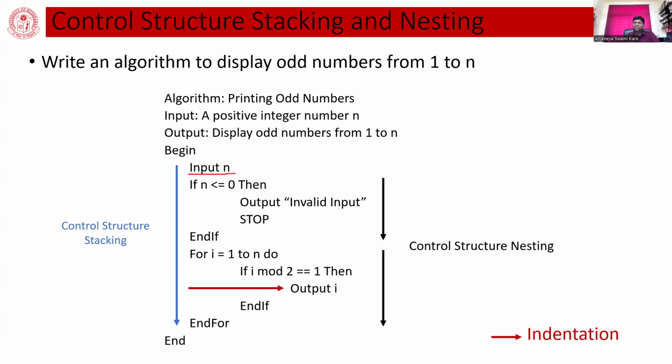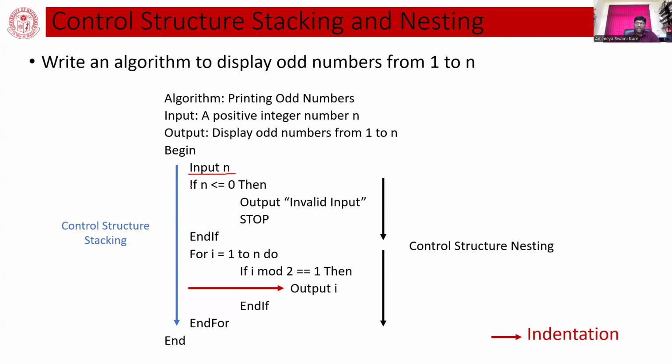It should display a proper message saying that the input you have entered is invalid, so kindly enter a positive integer number. Some message like that should be given to the user so that he understands the input requirement of the program and enters the correct value. If the user enters a correct value, the program should display odd numbers from 1 to n.